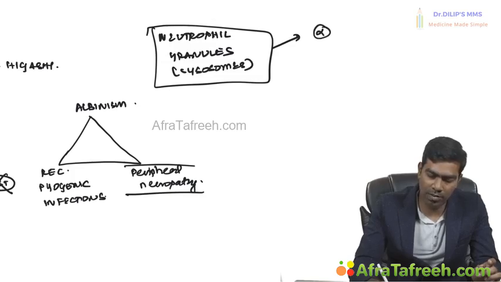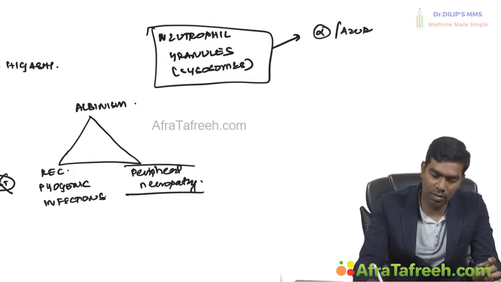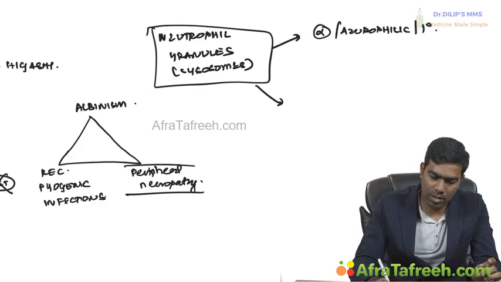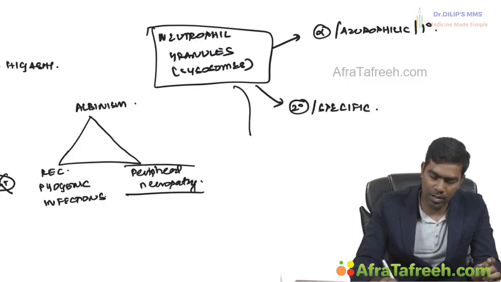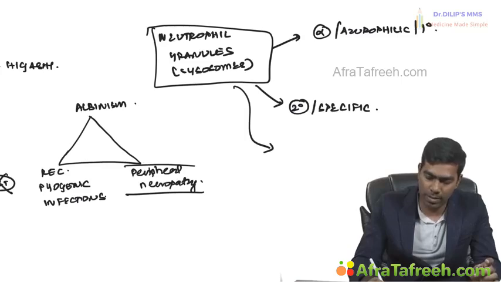The modified lysosomes are what we refer to as the neutrophil granules, and the neutrophil granules are typically divided into alpha granules, or otherwise called azurophilic granules, or referred to as primary granules. The second one is secondary granules, also referred to as specific granules. And the third one we call tertiary granules.